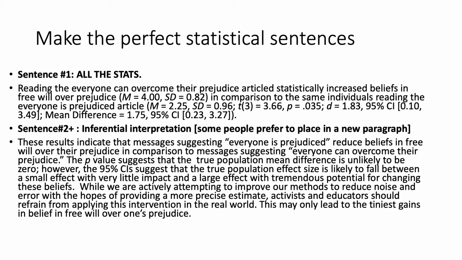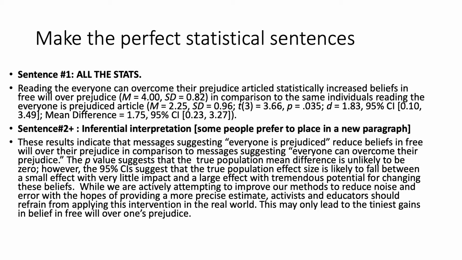Then sentence 2 plus, because it's more than one, clearly, right? I would like you to include discussion of what you found, particularly in relation to the population mean difference. So these results indicate that messages suggesting everyone is prejudiced reduce beliefs in free will over their prejudice in comparison to messages suggesting everyone can overcome their prejudice. The p-value suggests that the true population mean difference is unlikely to be 0.